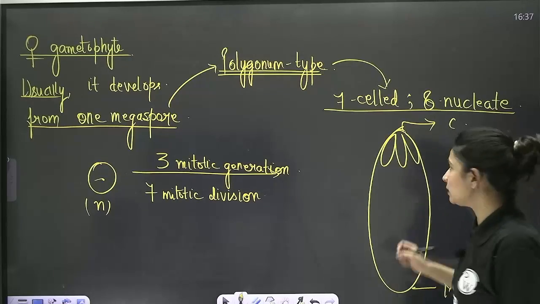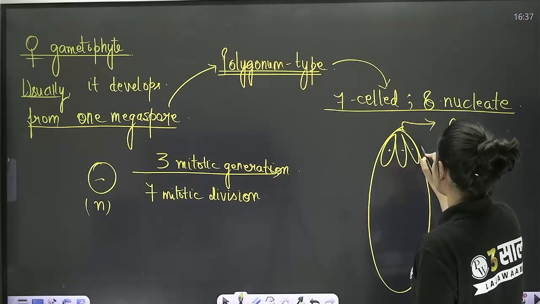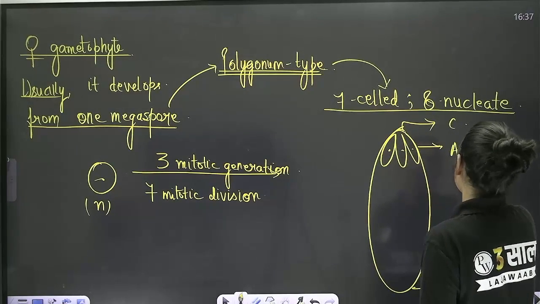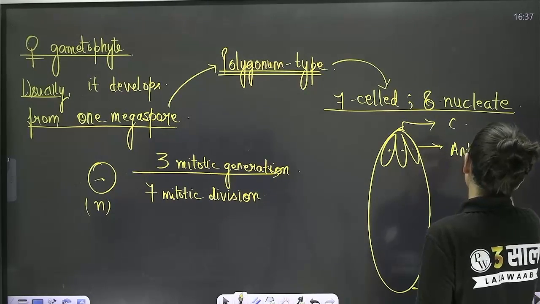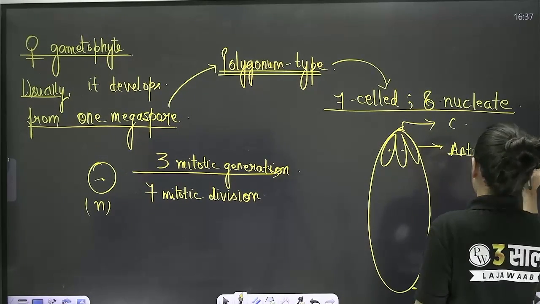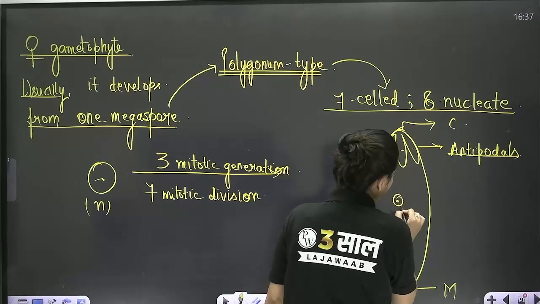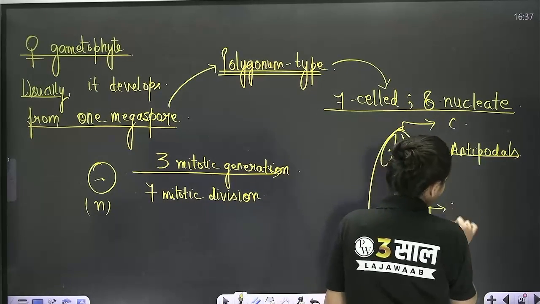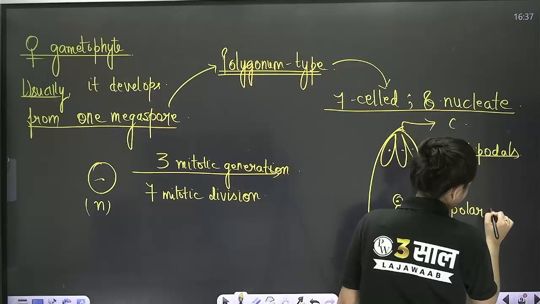So what will happen? At the top, 3 cells are called antipodals, right? Followed by 2 central polar nuclei that later fuse.